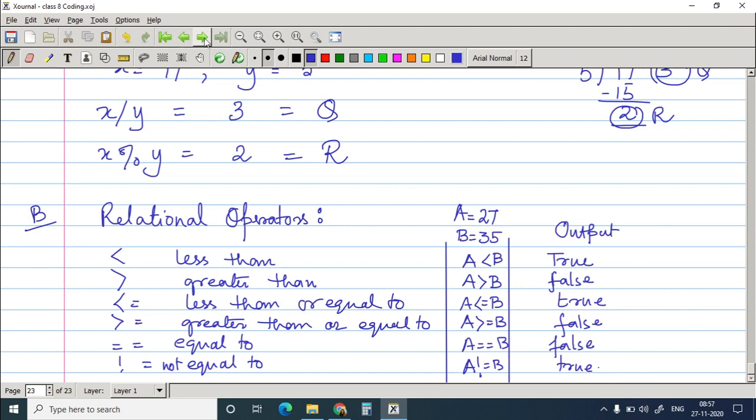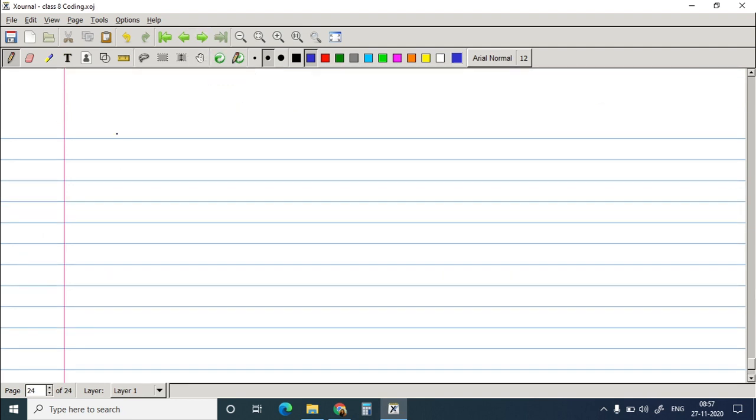Now I will discuss some special examples in the relational operators. Consider a new set of values.